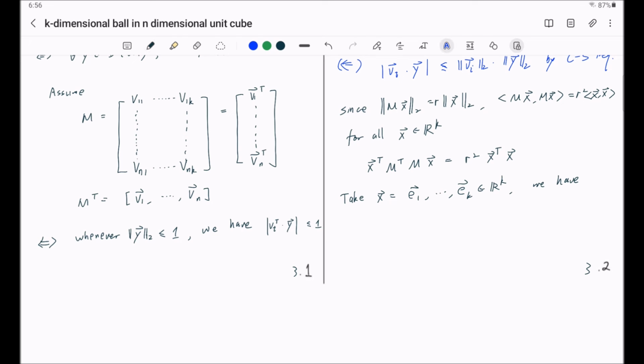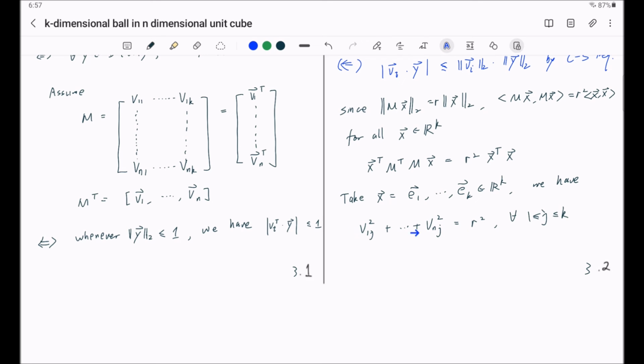Remember that M applied to e_j will be the jth column of M. So we have V1j squared plus dot dot dot plus Vnj squared, the sum of squares of the jth column of M, is equal to, right hand side, R squared. This is for any j from 1 to k.